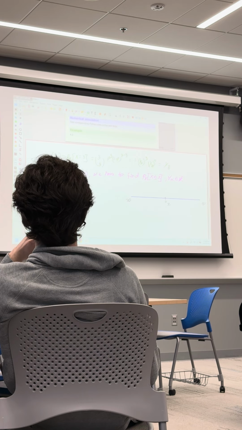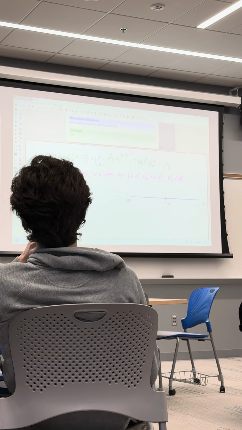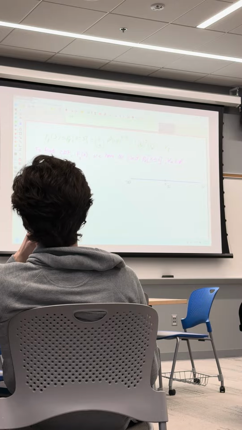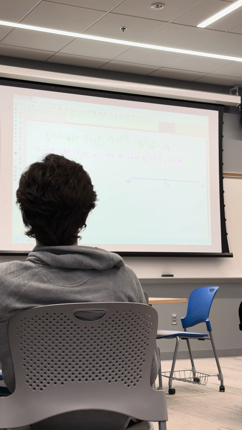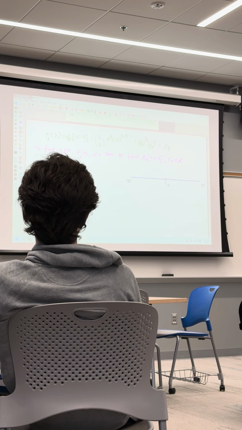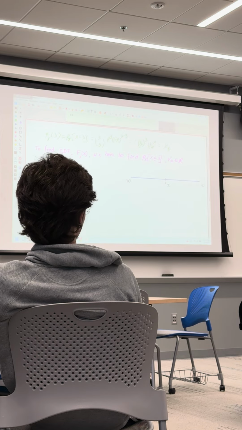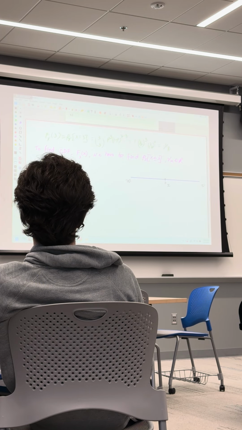I want to find the CDF of this random variable X that can take any value from this real line. So how will that CDF look? First, let's see if x is strictly less than 0. So this is your 0. X is strictly less than 0.